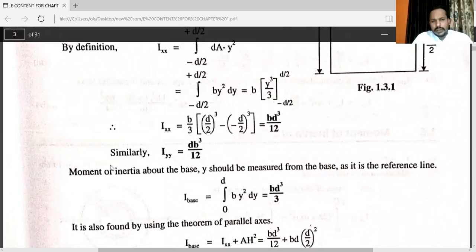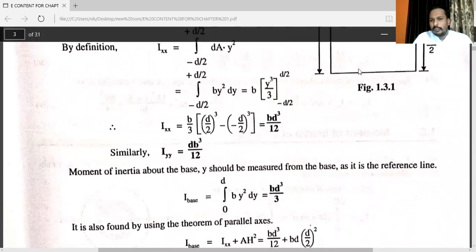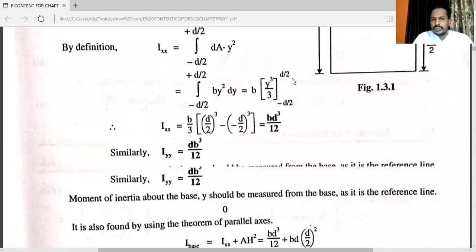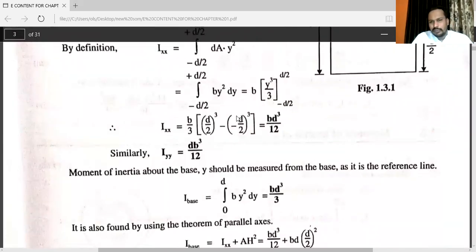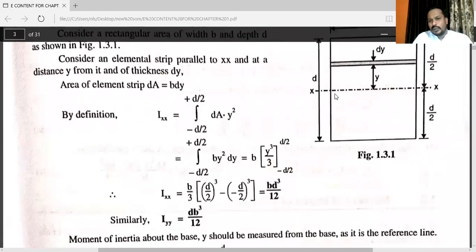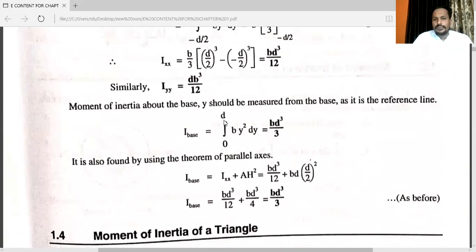If you consider the moment of inertia about the base, this is your base line. We use the parallel axis theorem, because the base is parallel to the xx axis. Here the limit will be from 0 to d.